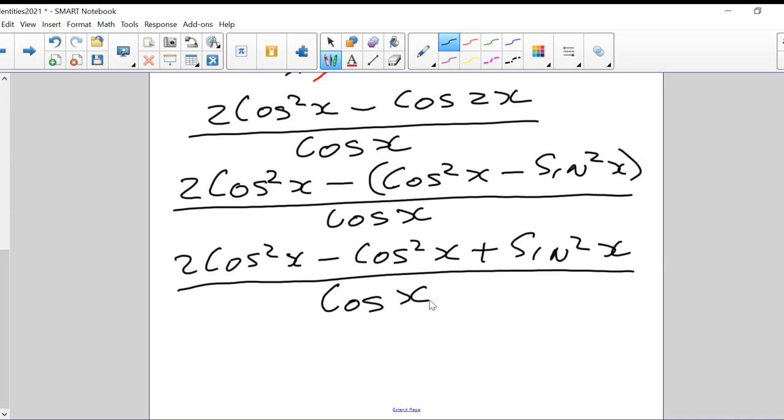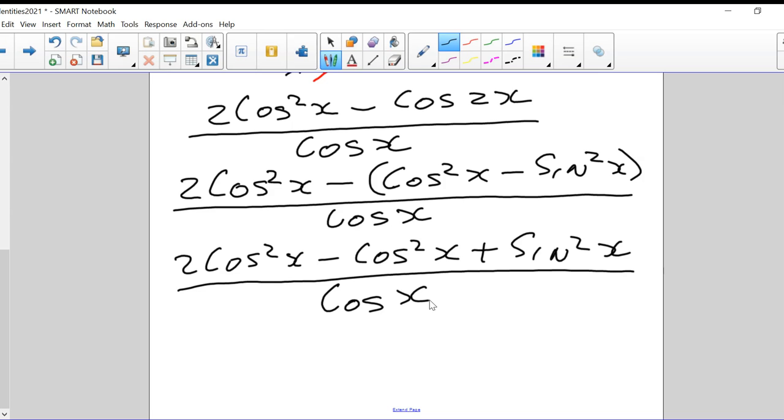So where do you think I might go next? Without me making any hints or comments, does anybody see anything that might be useful for us right now? Hello, class. Does anybody see anything at all that might work here? So 2 cos squared x minus cos squared x plus sine squared x.